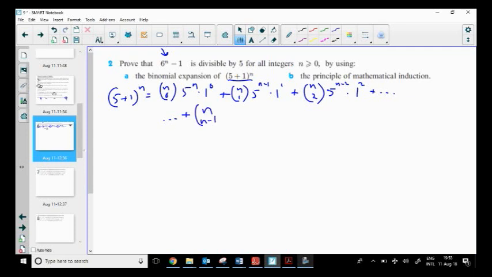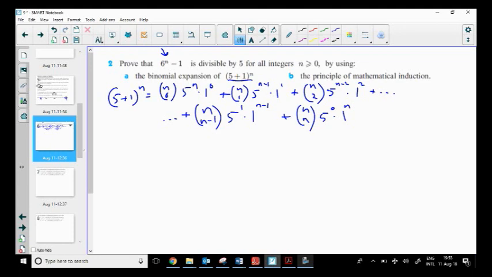N choose n minus 1, 5 to the power of, well, it's going to be n minus negative 1, so that'll be 5 to the first times 1 to the power of n minus 1, plus n choose n times 5 to the 0 times 1 to the power of n.